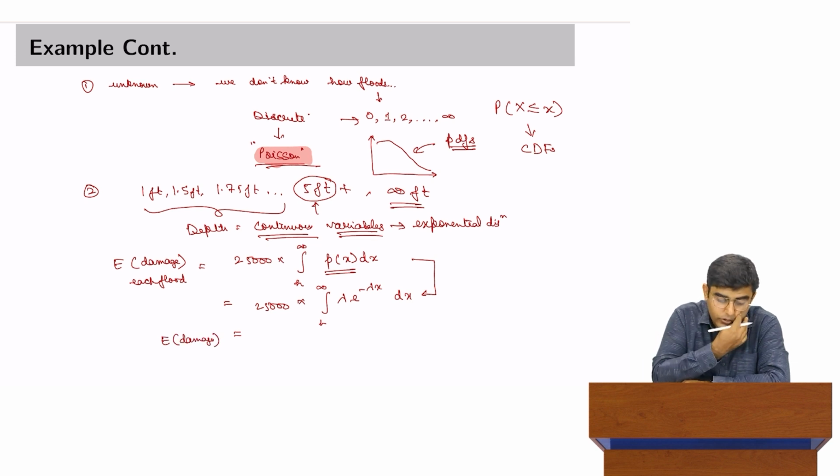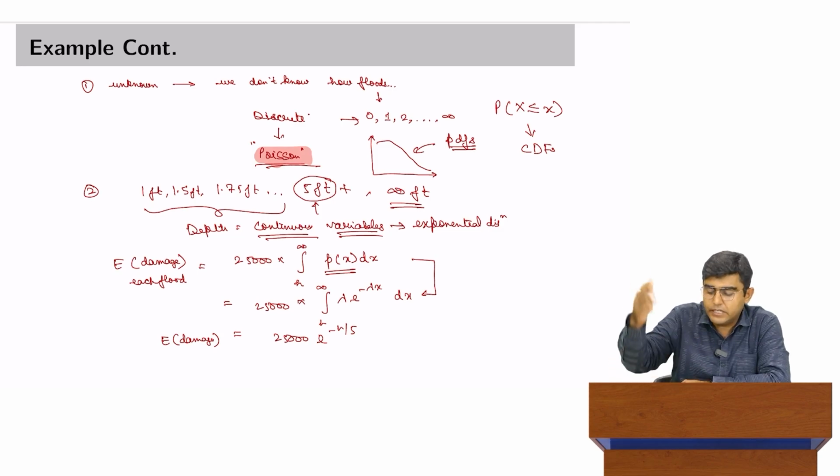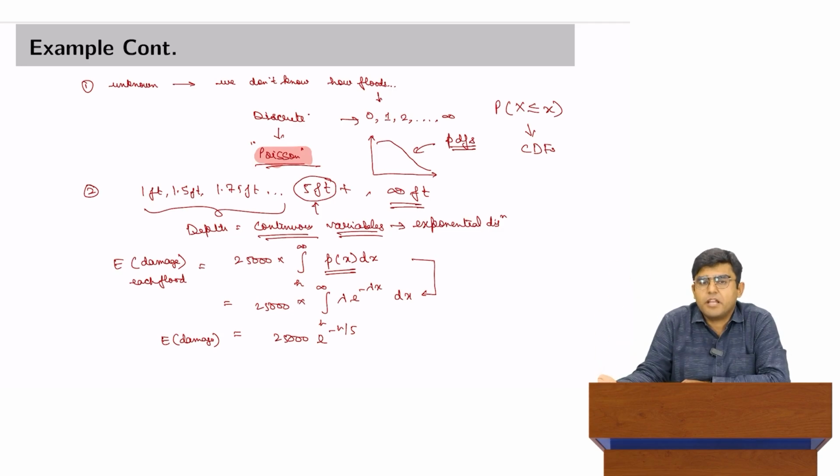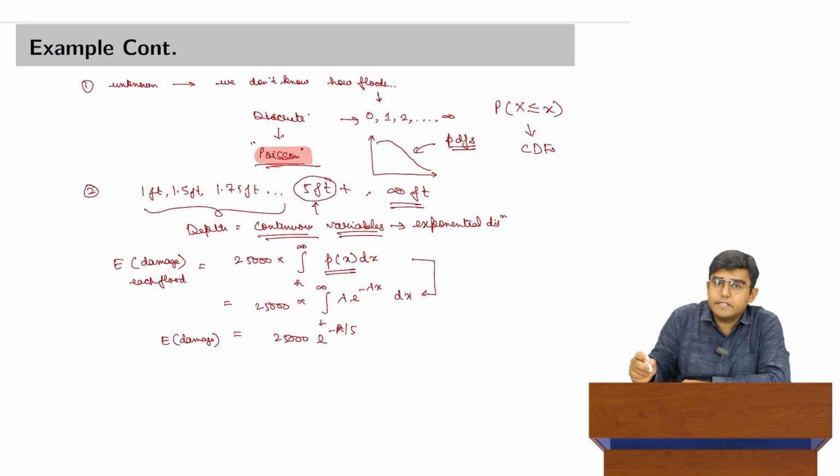Here I have solved it for you, but we will revisit this example multiple times in our discussion. We say that for each flood, the damage comes out to be 25,000 e to the power minus h by 5. That means as height increases, the probability of that particular flood also diminishes, and this exponentially decaying function takes care of that.